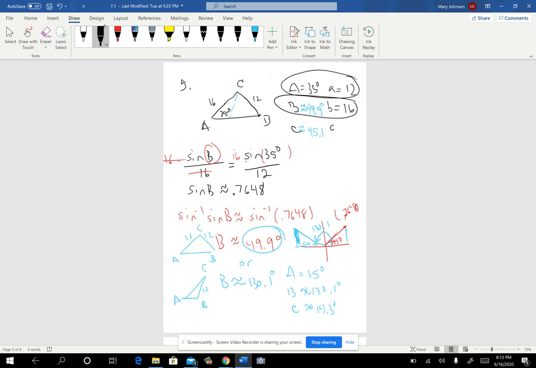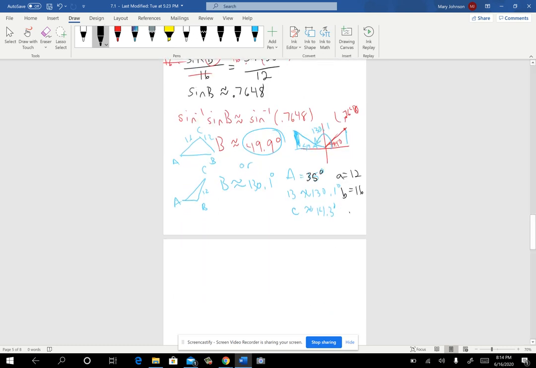Okay, so we were given the 35. We were given the A equal 12, so that's still in there. We were given the B equals 16. So all we have left to do is find a little c. So go back to your given information. And the side C is what I'm looking for, so I'm going to put it on top, equals side A over the sine of 35.